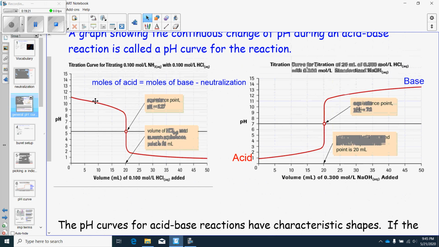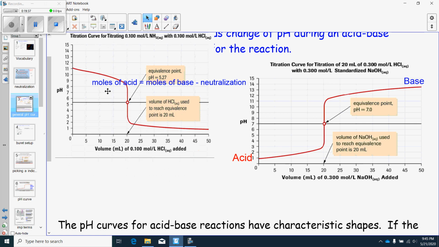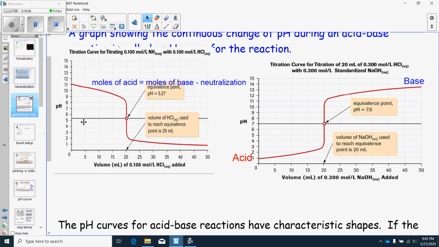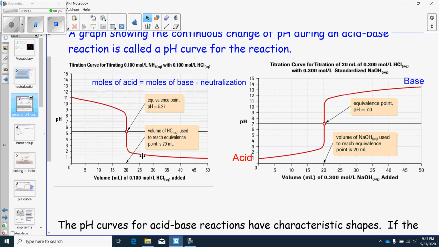This is a buffer zone, not a really great one, but for almost up to 20 milliliters, you've only gone from 11 to 9. So you really haven't changed your pH much. And then boom, once we hit 20 milliliters, we drop right down to 2. So this flat section here and the flat section here are known as buffer zones. And for now, buffer zones are parts of the curve where the pH is essentially staying consistent.